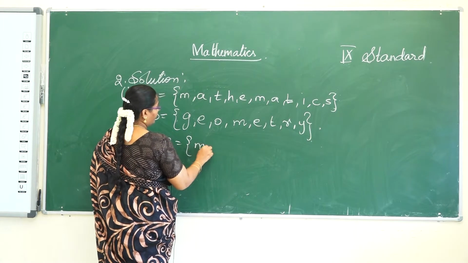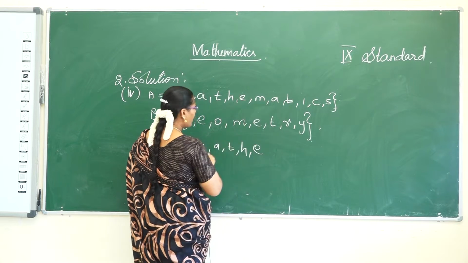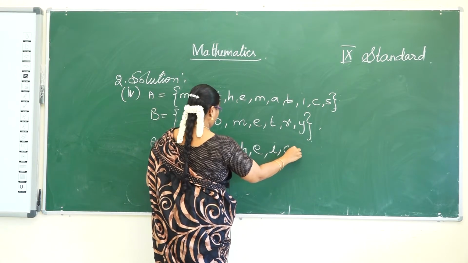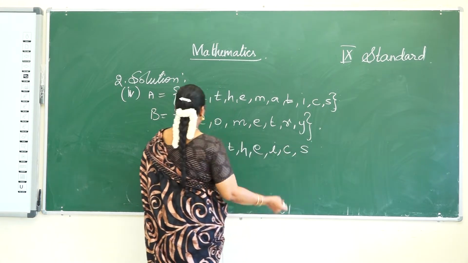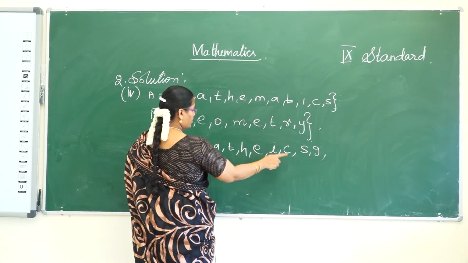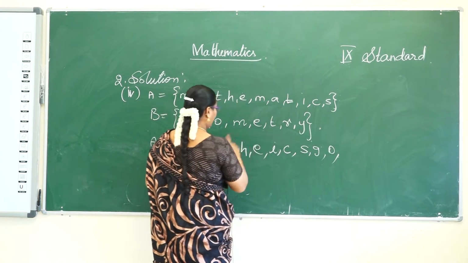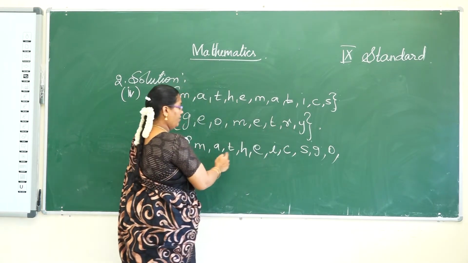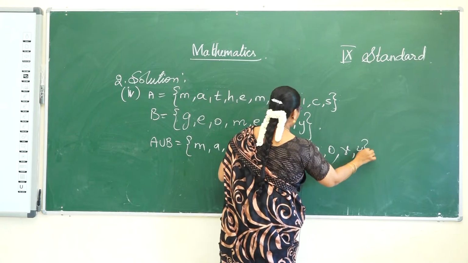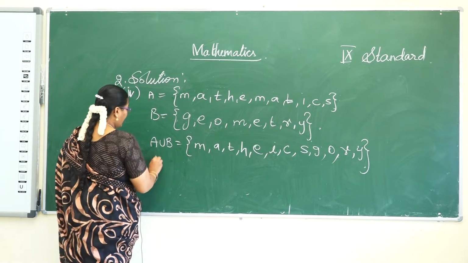So M A T H E, M already written, A also written, T also written. After that I, C and S, and then G. E already written, O not written, so O. And then M written, E written, T written, and R and Y are not written. Okay.